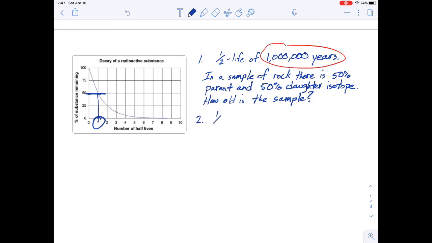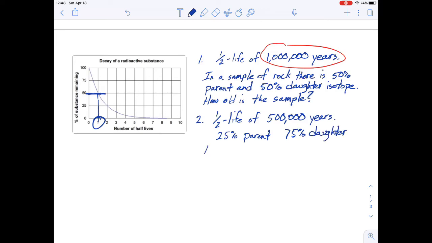Okay, let's say we have another substance with a half-life of 500,000 years. In that sample, there is 25% parent and 75% daughter.